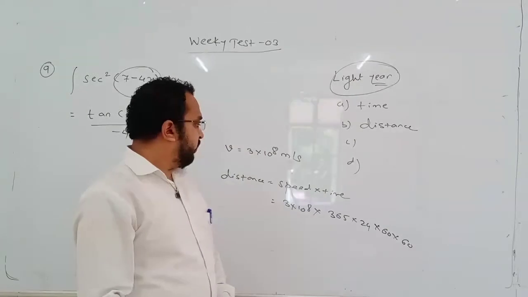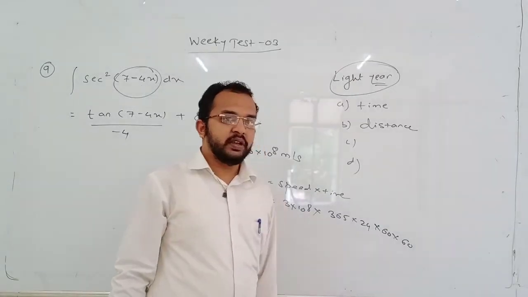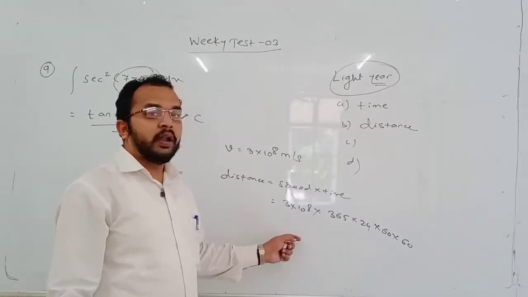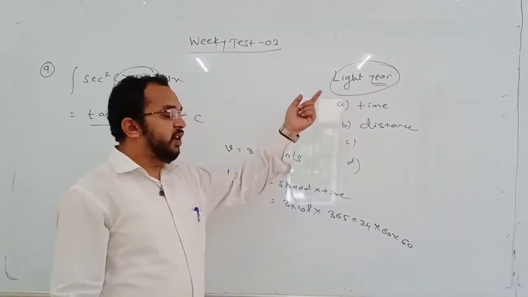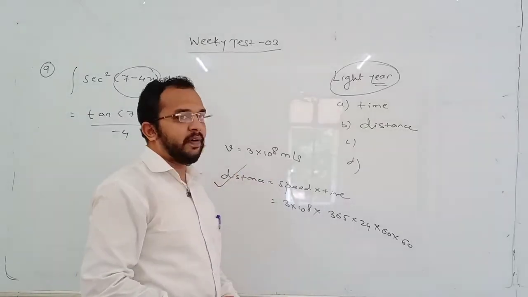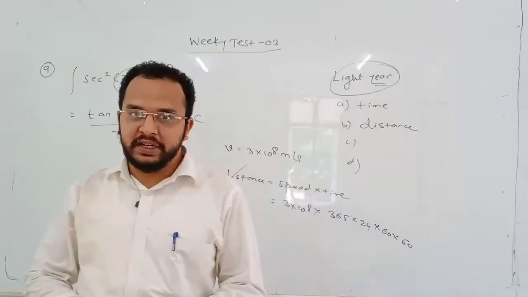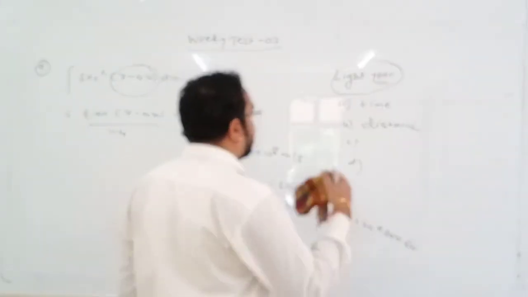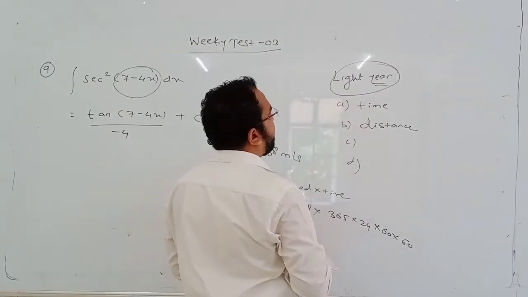So this much is the distance traveled by light in 1 year, which is called 1 light year. So it is the unit of distance. How do we define it? Distance traveled by light in 1 year, hence it is the unit of distance.